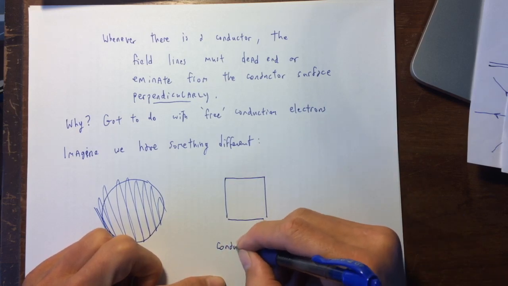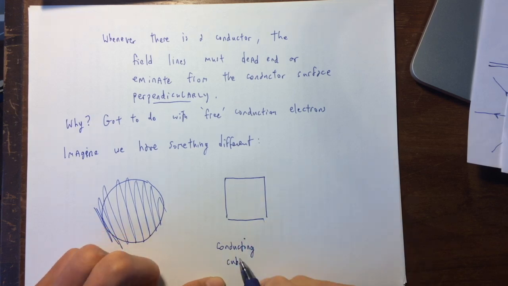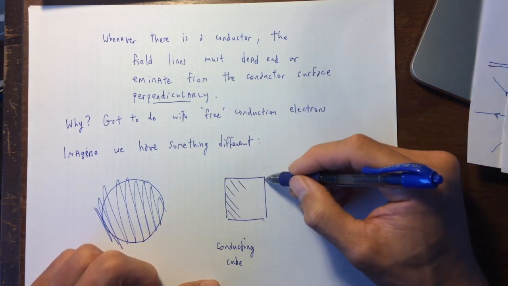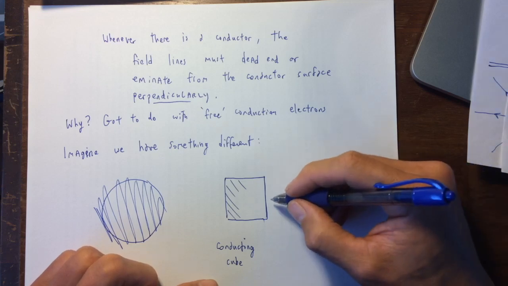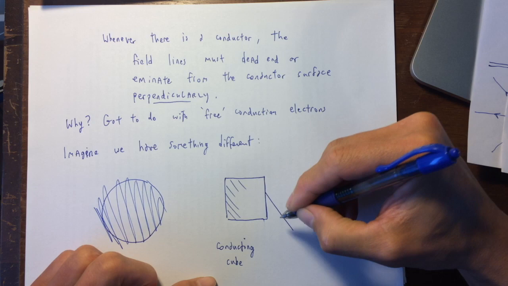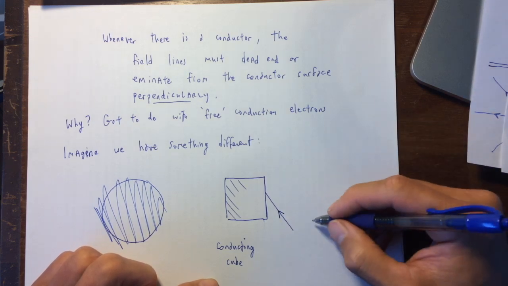So a conducting cube, right? So a conducting cube, this thing. And let's say, for the purposes of argument, that there is an electric field that hits the conductor in this direction, right? What if?